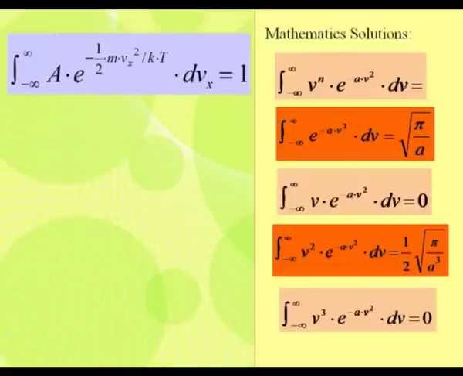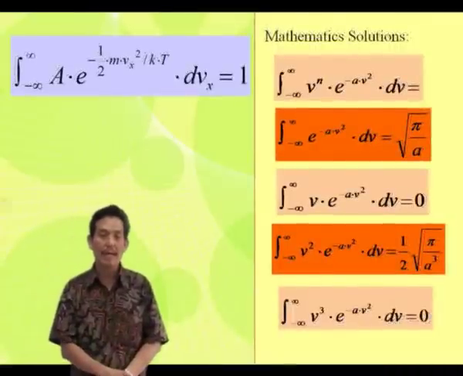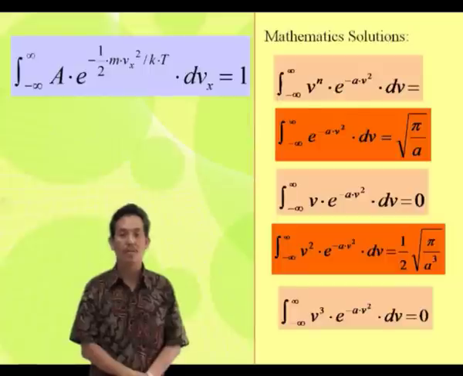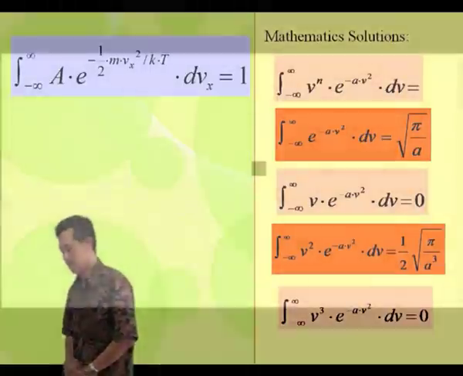Next, we would like to calculate the distribution. We would like to find the constant A, the ratio constant. Let me go to the whiteboard. I will show you how to calculate it.